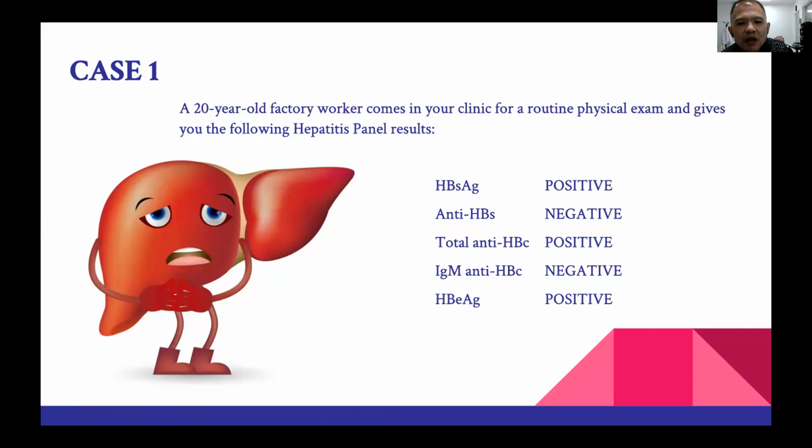Chronic hepatitis B, reactivation phase, still rule in. So what are the possible interpretations for this? It's either a carrier, which most of the time is asymptomatic, or a reactivation phase.